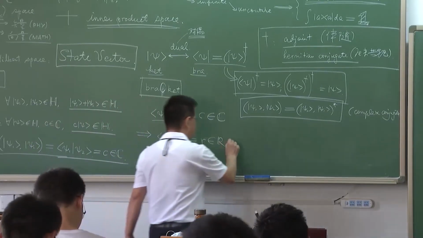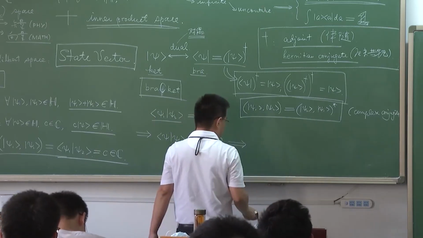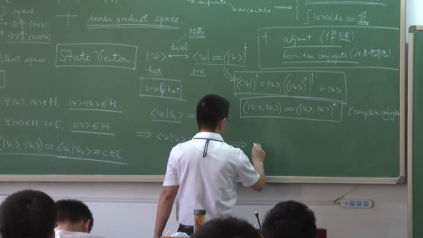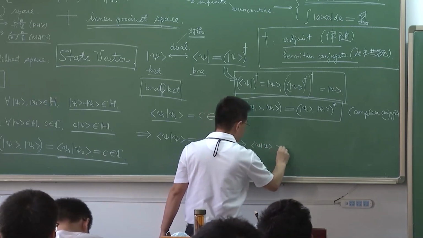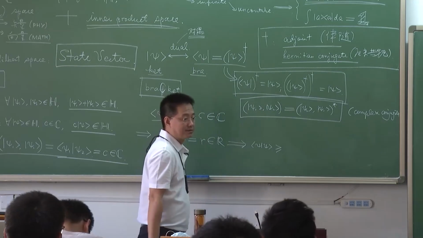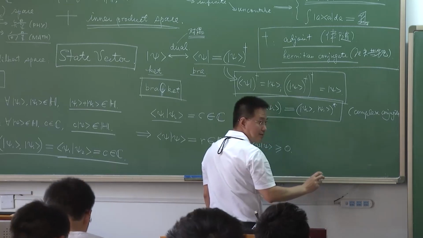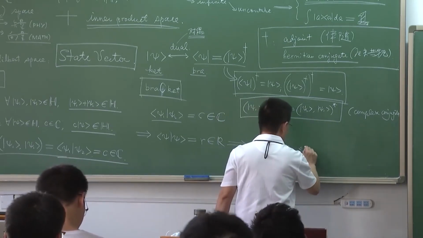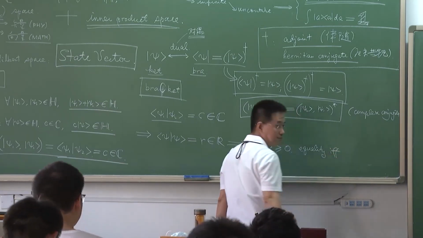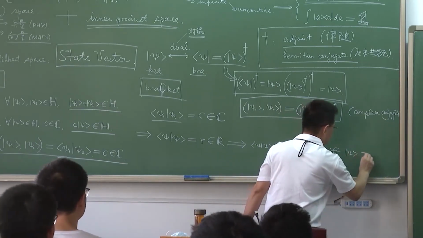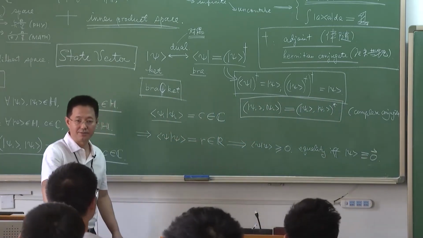And also, we can derive a more important result. That is, the inner product of psi with psi is greater than or equal to 0, with equality if and only if psi is equal to 0, the zero vector.